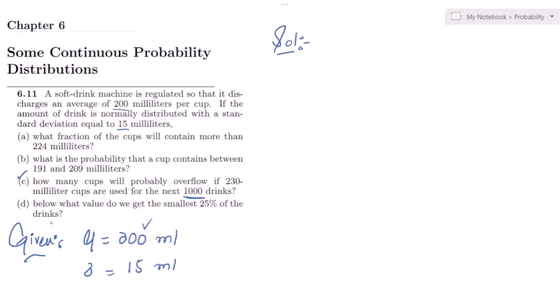In part D, we have to find below what value we get the smallest 25% of the drinks. Okay, so that is part D, let us find it.